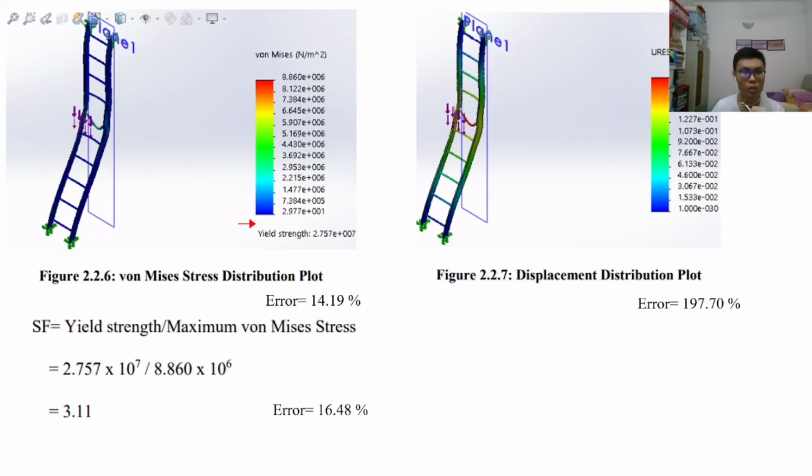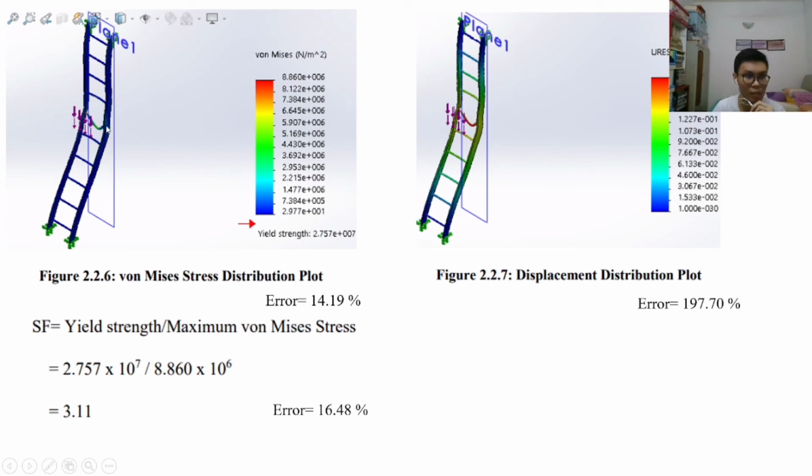Figure 2.2.6 is the von Mises stress distribution plot. We can see that the maximum von Mises stress is 8.86 megapascal, and it happens at both ends of the beam which is stepped on by the person.